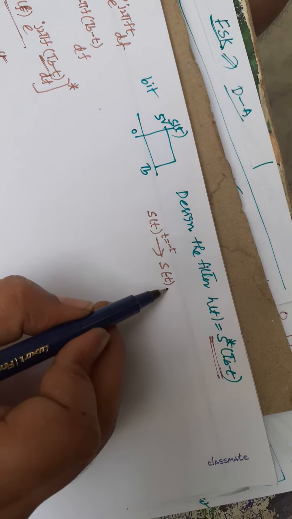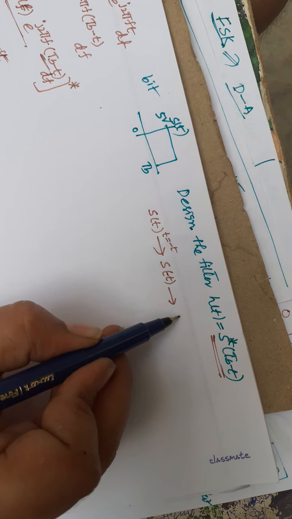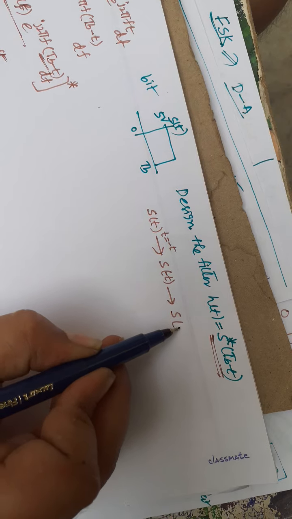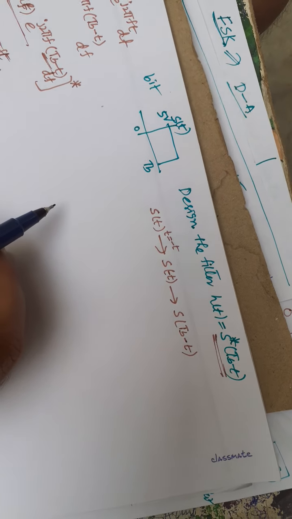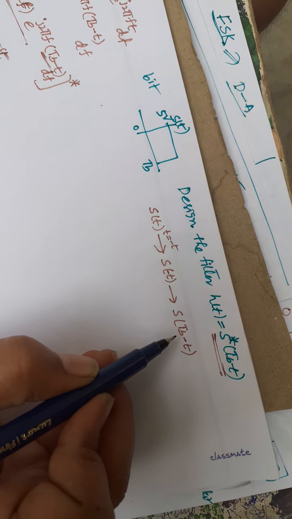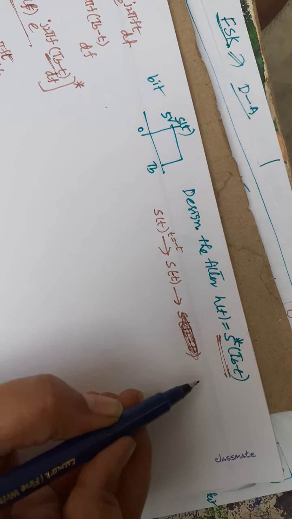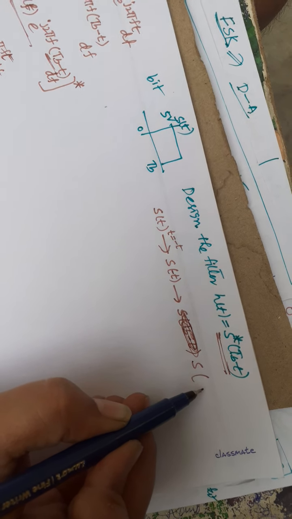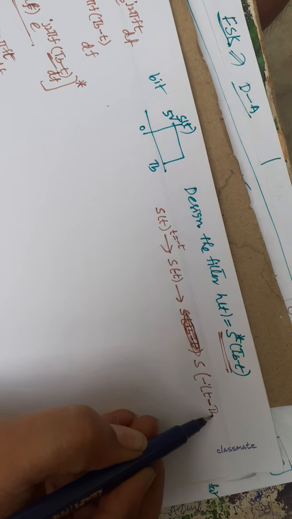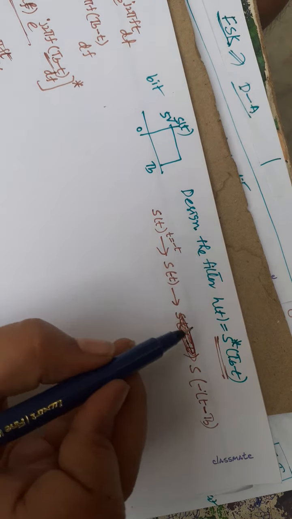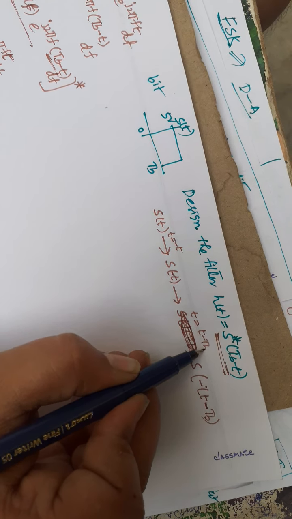After this comes the time shifting, by putting t equal to t minus Tb.